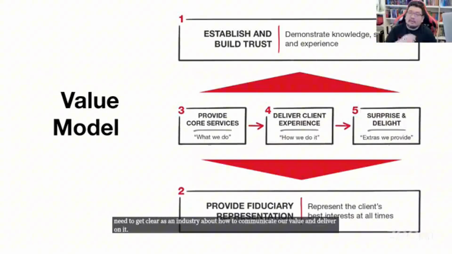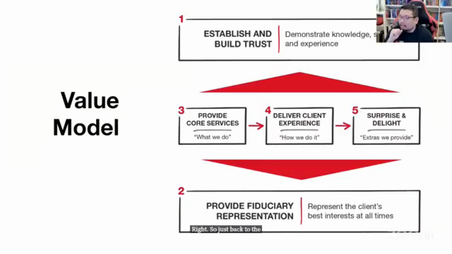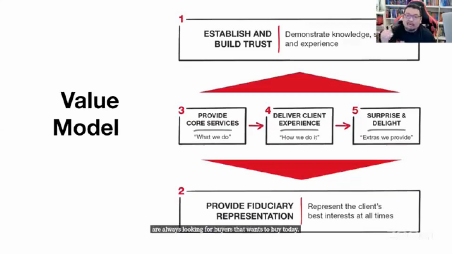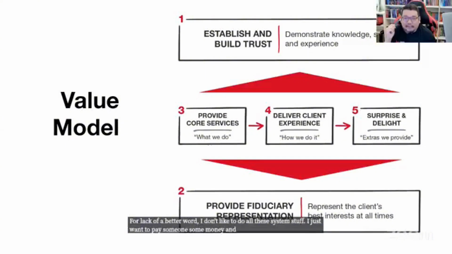Right. So just back to the lead gen journey, because I think a lot of agents, from my observation in Asia specifically, are always looking for buyers that want to buy today. They're always willing to pay for leads, and for lack of a better word, I don't like to do all this system stuff. I just want to pay someone some money and get me a lead that is ready to buy tomorrow, right?